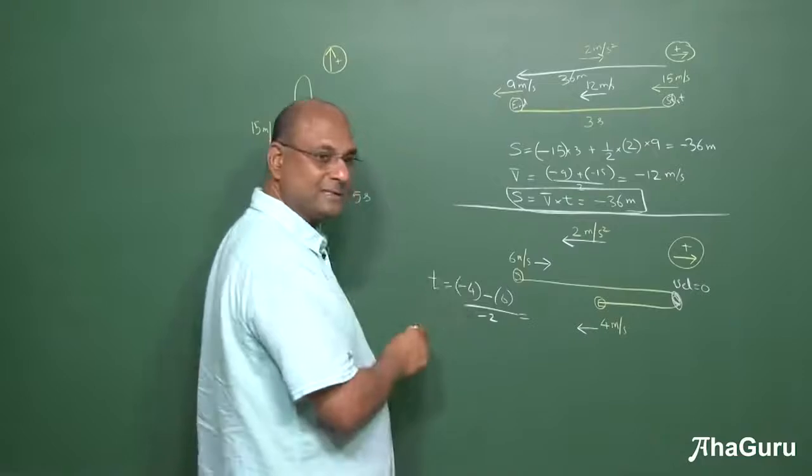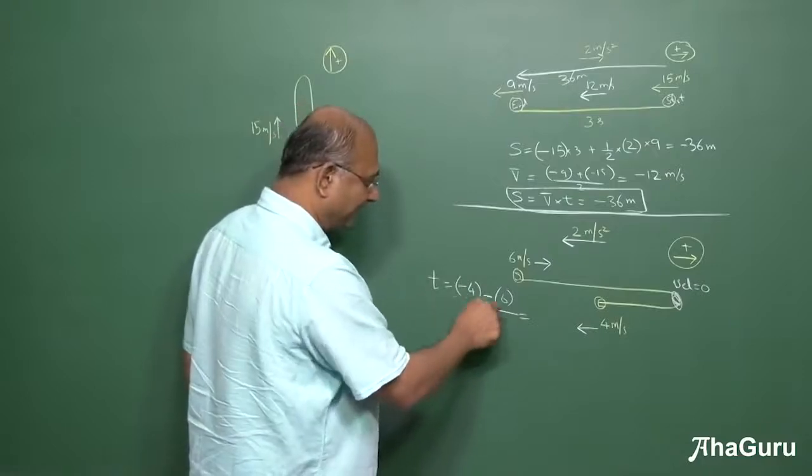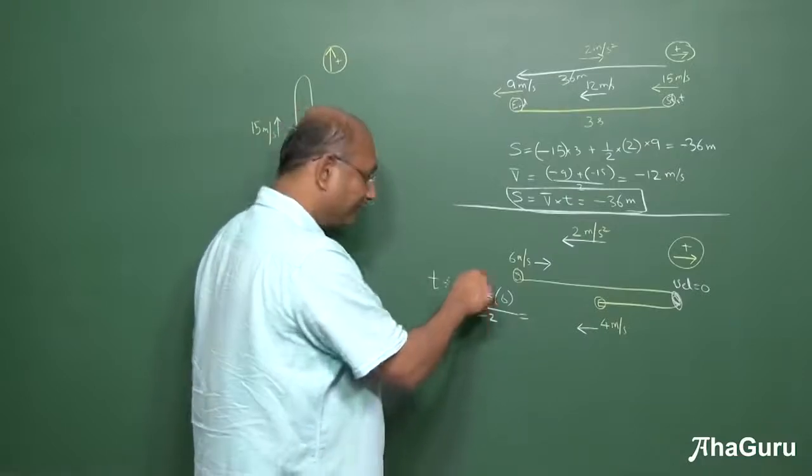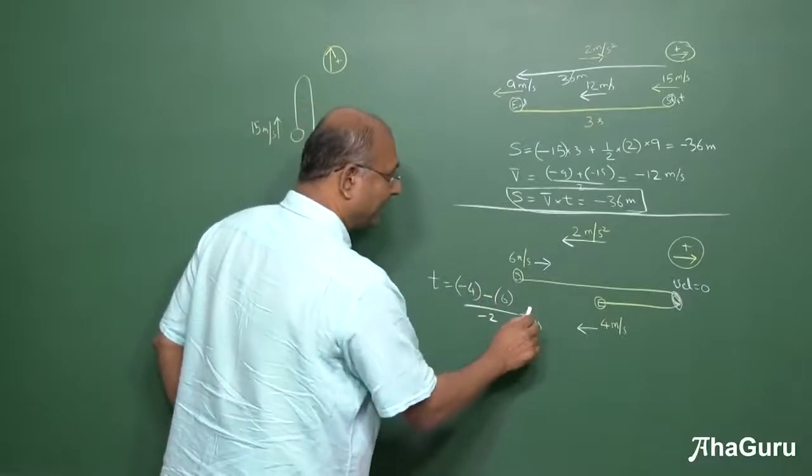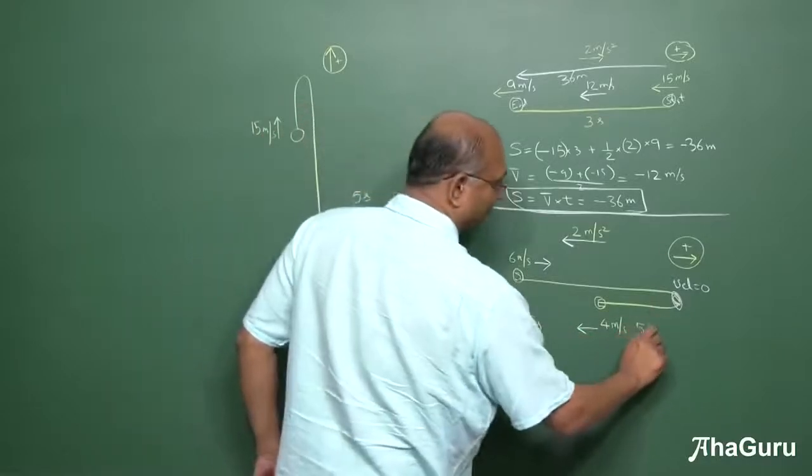Okay? How much is this? Minus 4 minus 6 is minus 10 by minus 2. Minus minus cancels, 10 by 2, 5. So it is 5 seconds. It takes 5 seconds to go from here to there.